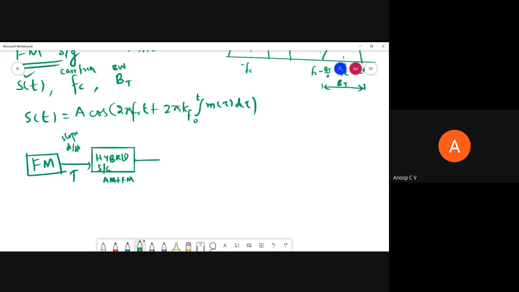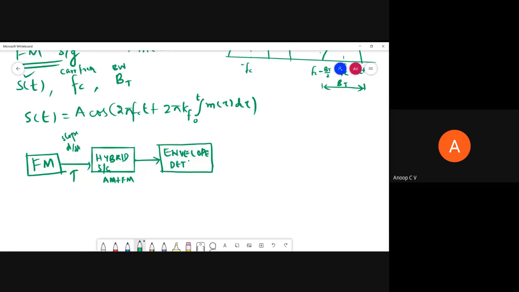Now if information is residing within the amplitude variation, we can always use an envelope detector to demodulate it. But when we are using an envelope detector, this amplitude modulation part, or envelope of the message signal, should satisfy some condition.